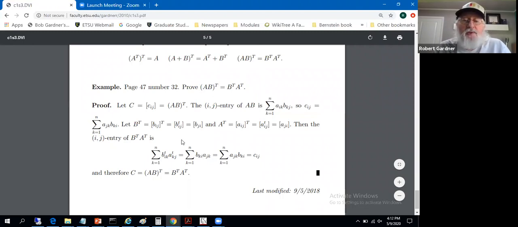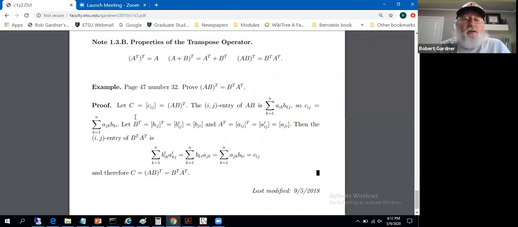Okay, well, let's do this kind of the way we did with that symmetry thing upstairs, and a few more symbols. Let matrix C be the matrix AB transposed, and let the entries of matrix C be C sub ij. And the ij entry of AB, by definition, was exactly this, with k ranging from 1 to n. We're running across the ith row of matrix A, and we're running down the jth column of matrix B. That's how you find the ij entry of AB.